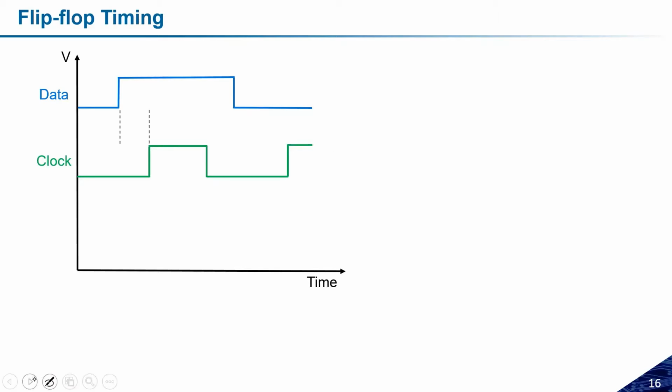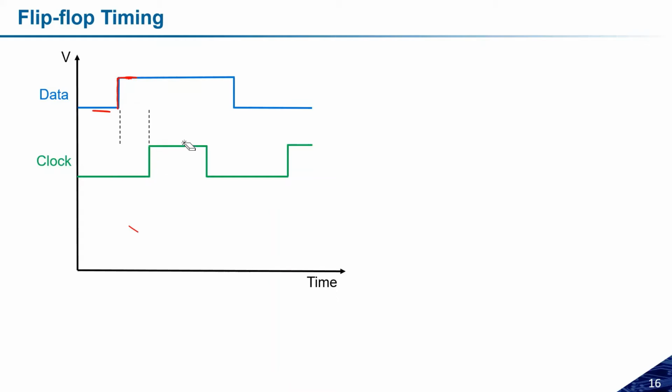The first time difference: see here, the data was enabled at this time instant. Initially the data was low, and the data input becomes 1 at this instant. But even though the data was enabled, the clock was not enabled. The clock was enabled at this time.